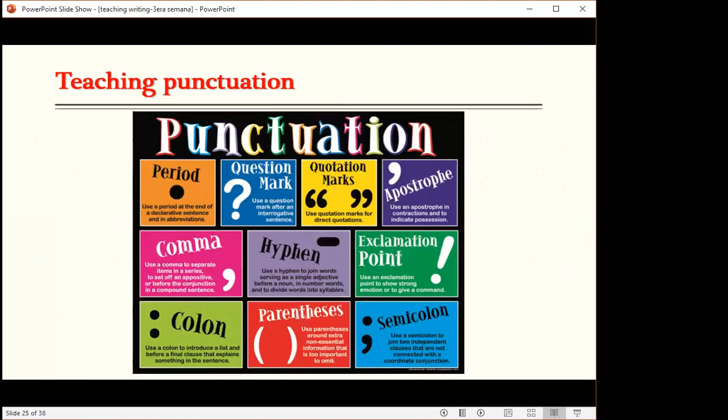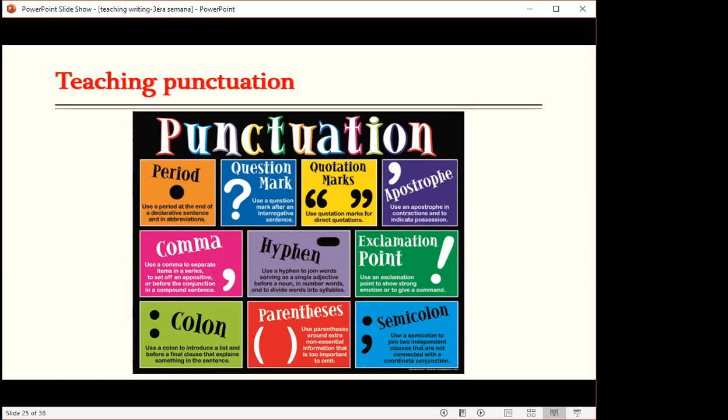Also here you have this chart related to punctuation. Use a period at the end of a declarative sentence or in abbreviations. Question mark: use a question mark after an interrogative sentence. Quotation marks: use quotation marks for direct quotations.